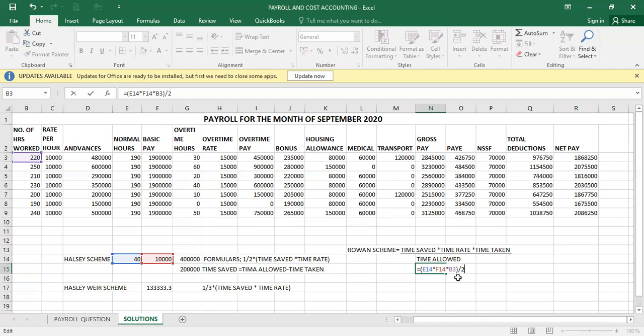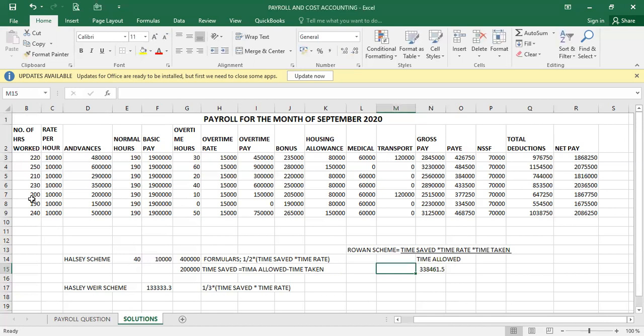Remember, our time allowed was 260 hours. So you press enter. This scheme will be paying this person 338,461.5. Remember, when you click, you can check the formulas, they are up here. That's the money that scheme would give to that person who has saved 40 hours.